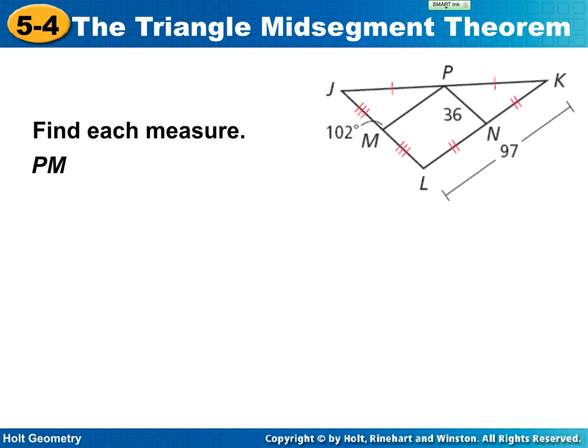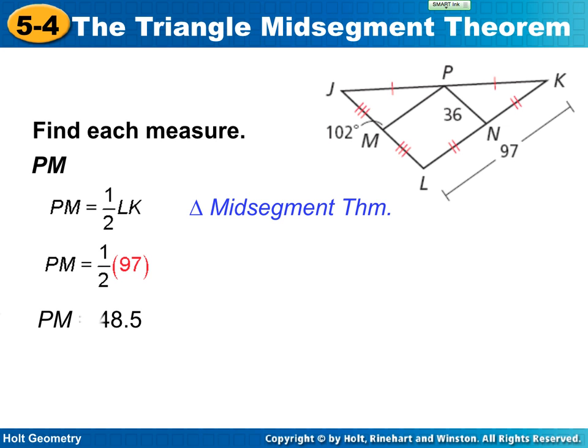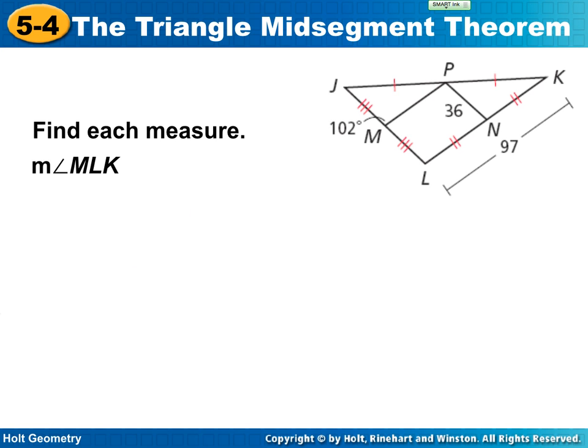How about PM? PM is going to be half of 97. Correct. 48 and a half. Okay, how about angle MLK?